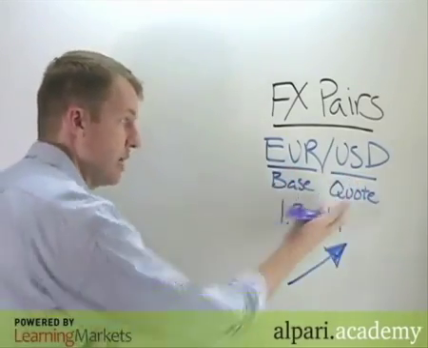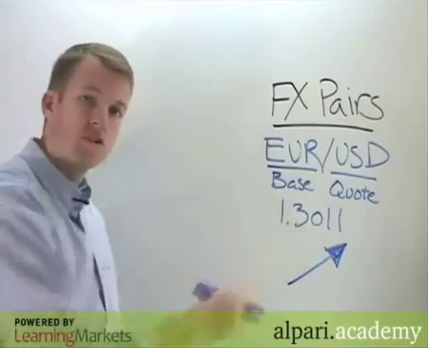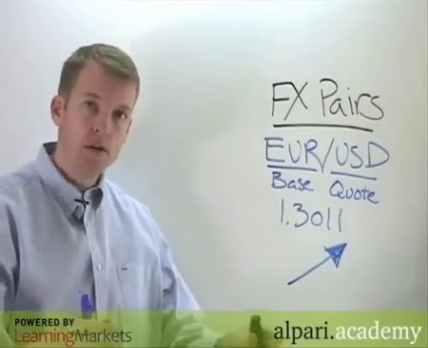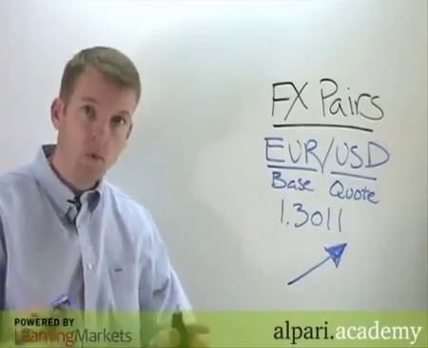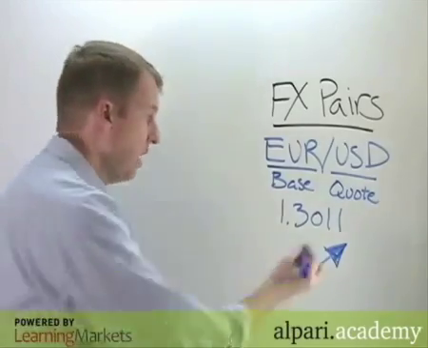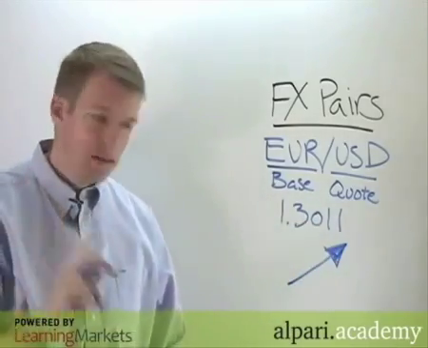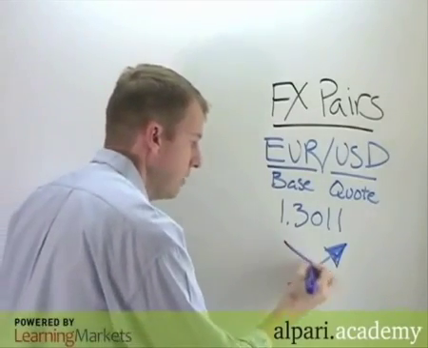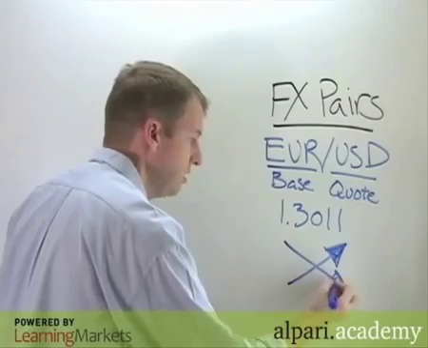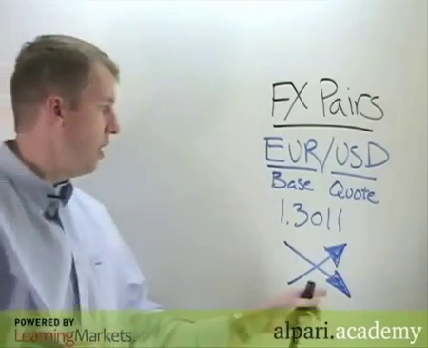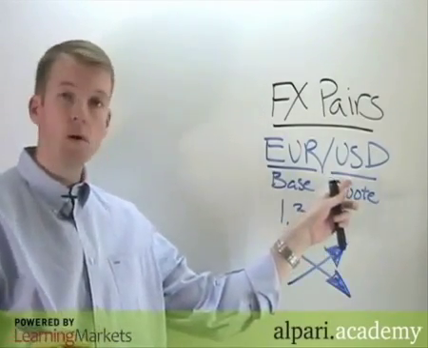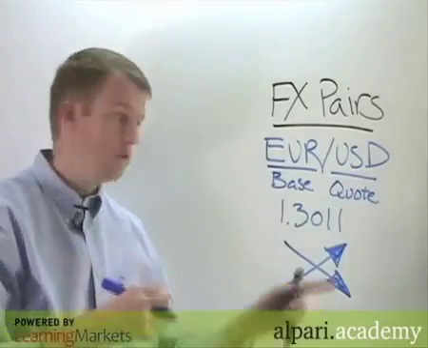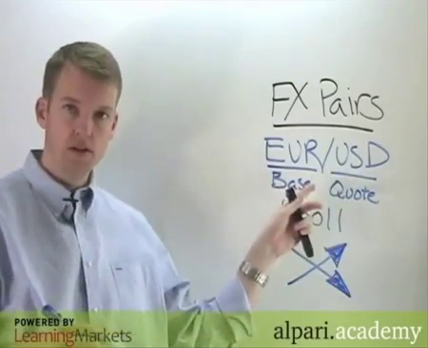Because if this exchange rate increases, it's going to start costing more dollars per euro. So it will take more of a weaker asset to buy 1 euro. Now, the exchange rates go both ways, obviously. So if this currency pair starts to fall, essentially what we're saying is that it's going to require fewer dollars to buy a euro. So the dollar is getting stronger compared to the euro.